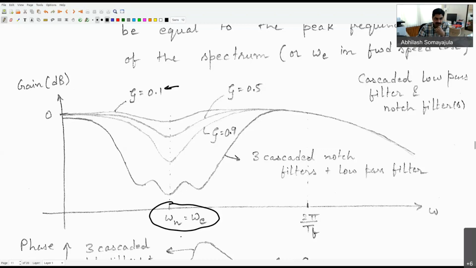Okay, and I'm plotting the gain here in decibels. What that means is 20 log of whatever is the transfer function.